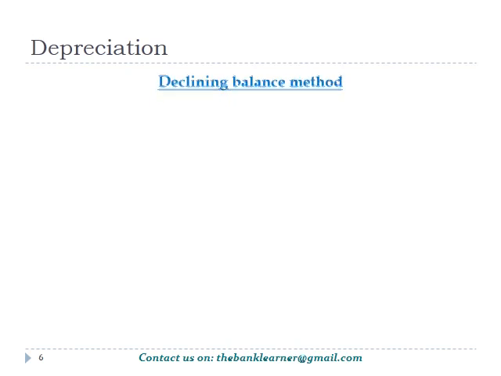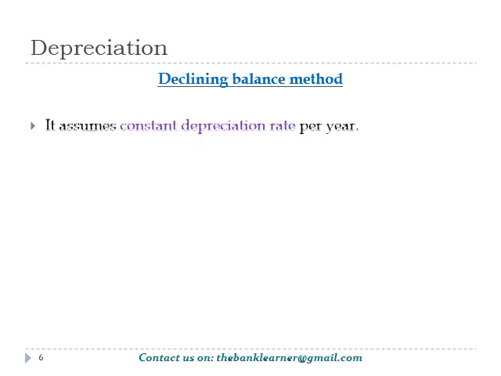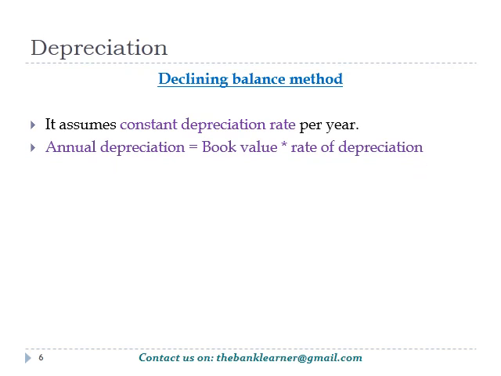Declining balance method. This method assumes that the asset loses an equal percentage of value every year, that is, a constant depreciation rate. Here, the depreciation is computed by multiplying the depreciation rate with book value. Usually, the depreciation rate will be given in problems.